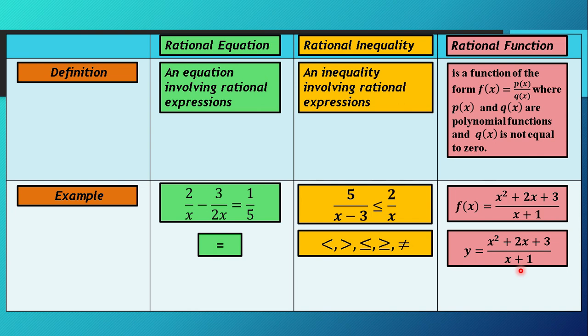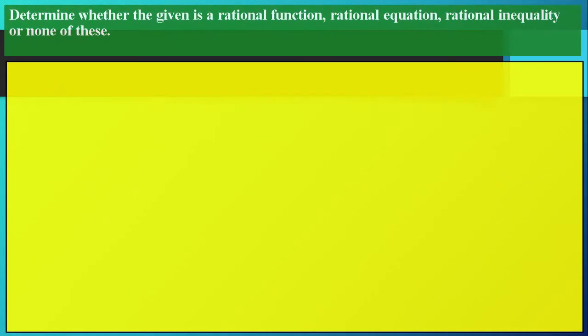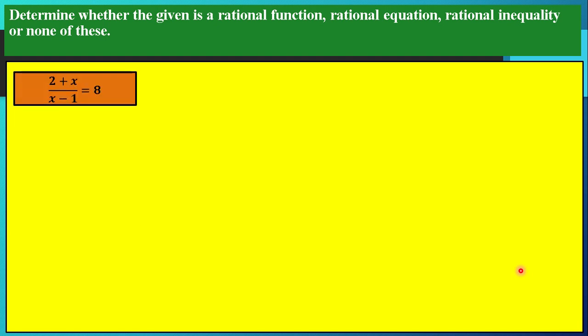Okay? So, next na gagawin natin, we have to determine whether the given is a rational function, rational equation, rational inequality, or none of these. Okay? So, number 1. 2 plus x divided by x minus 1 is equal to 8. Ano to?